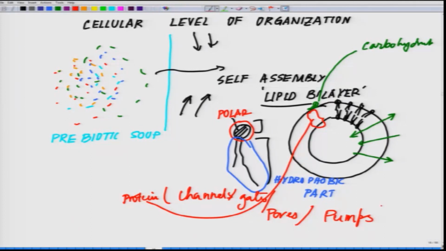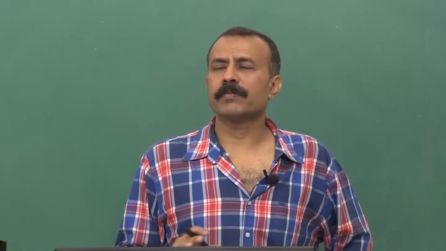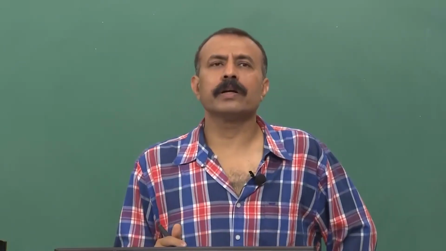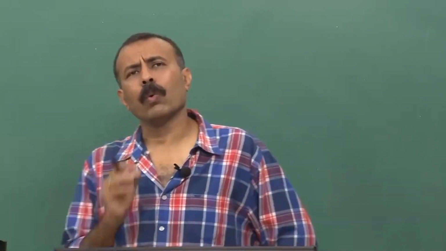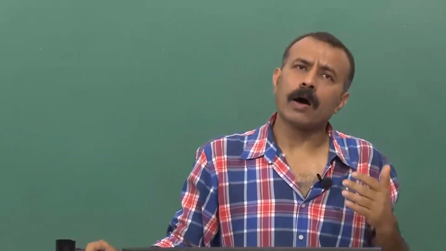So what you see in the previous slide, all these different molecules, there is one thumb rule which has governed all of them. They have all self-assembled somewhere or other, and we do not know how these different lipid molecules, or as a matter of fact the proteins, self-assembled, what made the formation of the peptide bond, what were their situations, how such long chains were formed, how the DNA evolved.